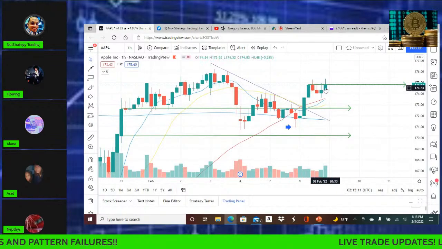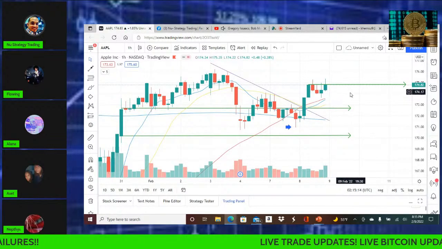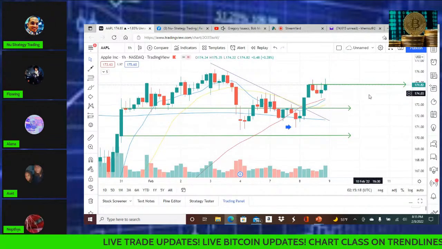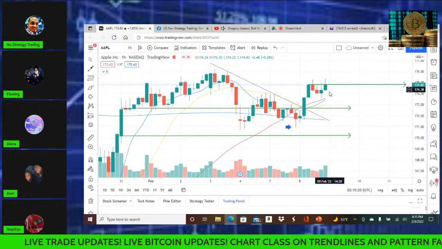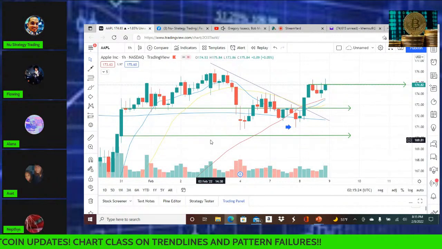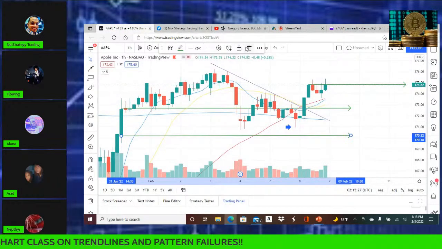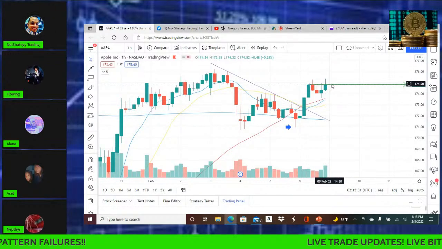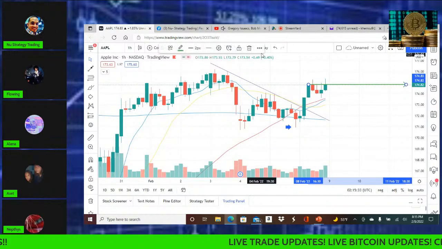So any drift from Apple down in this area is good. I actually probably buy more. Support is bullish. So those green bars represent areas of support, of bullishness on the chart. Keep that in mind, guys. I just wanted to give you that extra information.